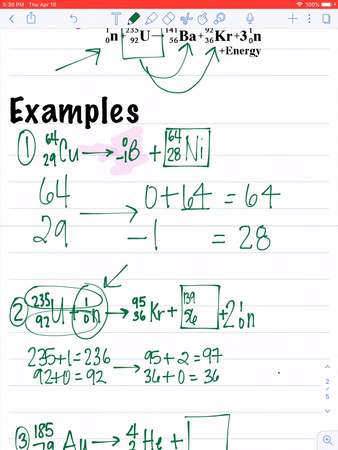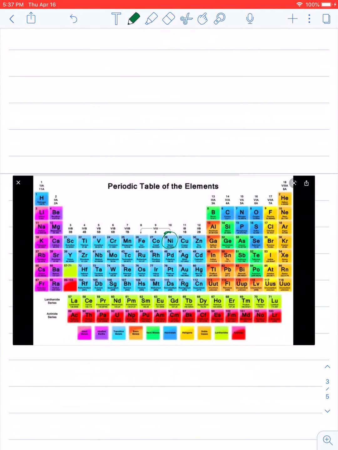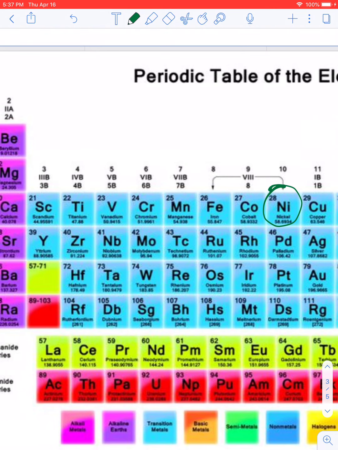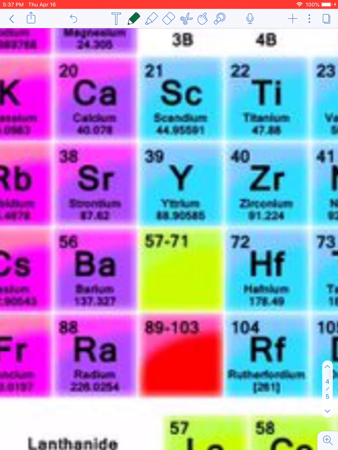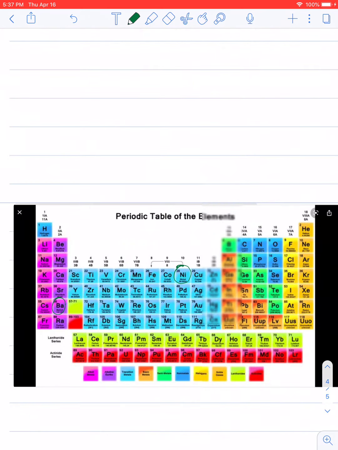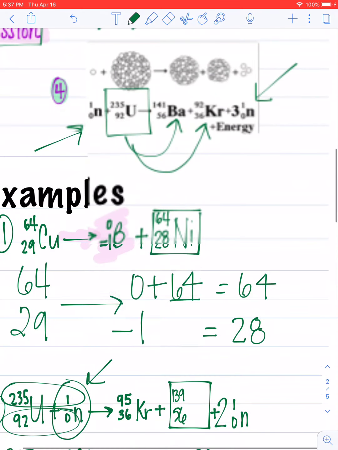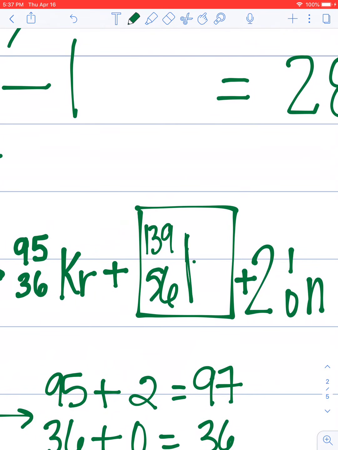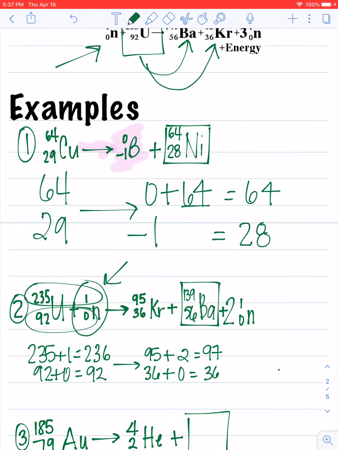All right, so let's go down to our periodic table and figure out what 56 is. And it looks like 56 is barium. So barium has 56 protons, so that's how we know that that is the atomic number 56. I'm just going to highlight our answers here because this is what you're going to be asked to fill in as you go through these problems.